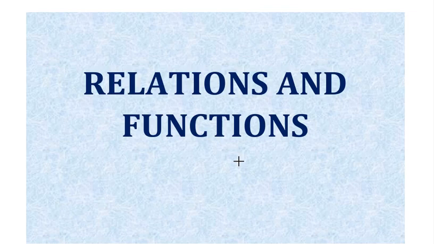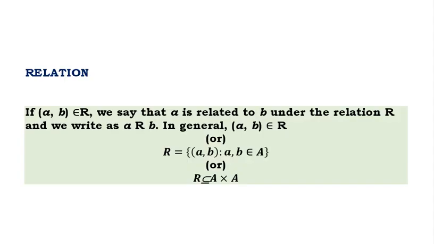In the chapter relation and function, the first definition we have to discuss is: what is a relation? The relation is not a new concept from the 12th standard point of view. You should have learned it in 11th standard. A relation is a subset of a Cartesian product.